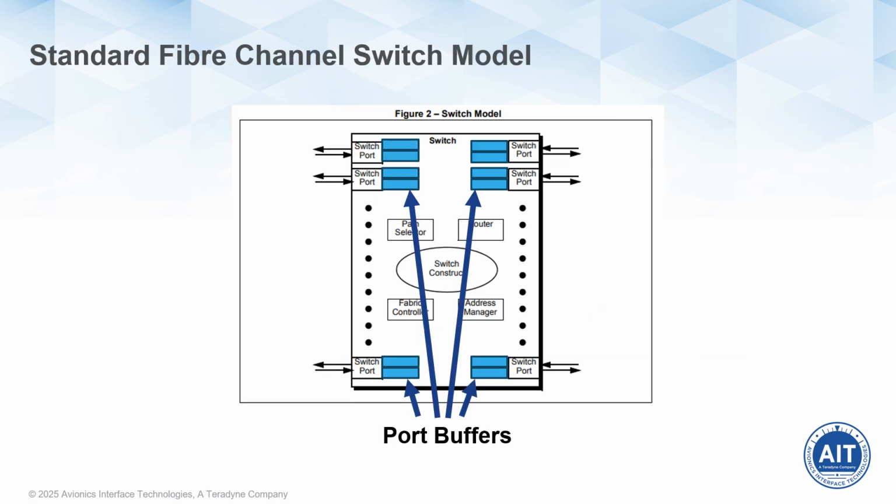In the standard switch model, each port will typically have at least 2 buffers, sometimes 3 or 4. And that buffer count or credit is identified during initialization for each port. This diagram represents a switch with 2 buffers per port. When the link's initialized, the credit count would just be identified as 2.